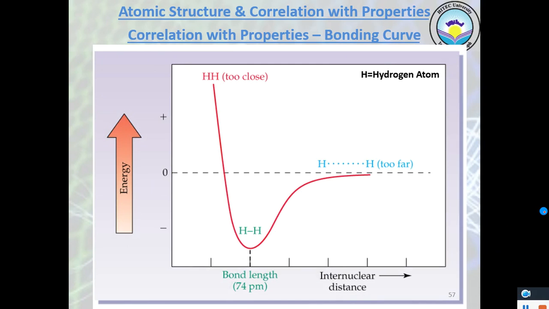This is basically a bonding curve that exists within molecules. For example, if I am going to create the energy curve for H2, this is our x axis, this is our y axis. On the x axis I will put the internuclear distance. For example, if these are two hydrogen atoms, then what is the internuclear distance?